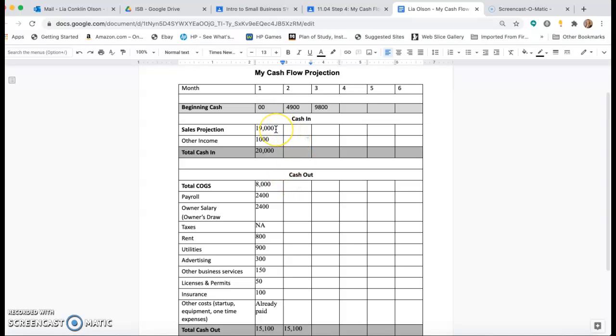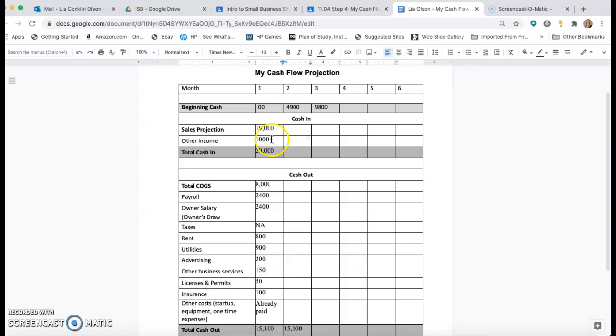Cash in will be your sales projection, so the total amount of sales, and that number includes the cost of goods sold, because we figured our sales projection with that number included. And cash in will have the COGS within it. Okay, so you put that sales projection, that's your total sales, because that money is coming into the building. That is what you're counting.